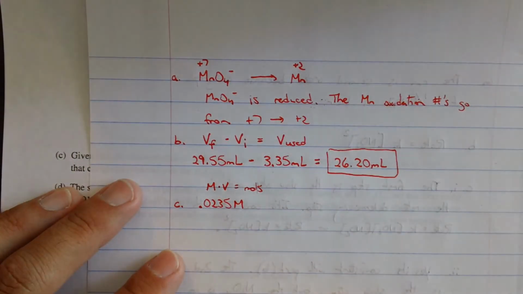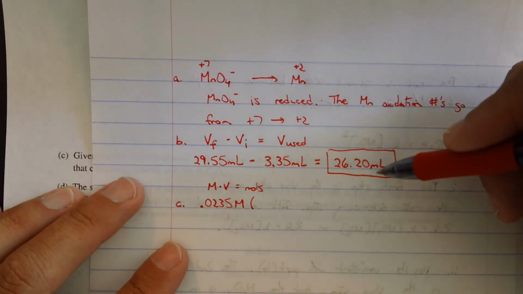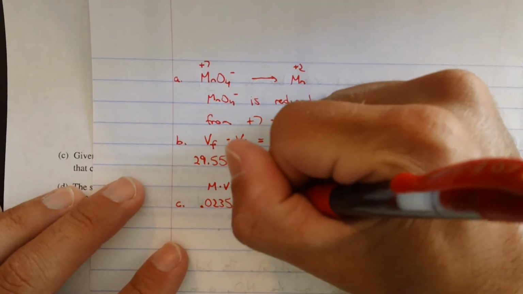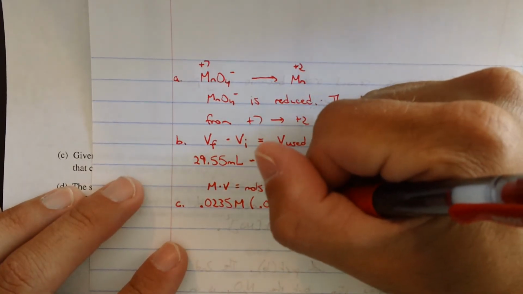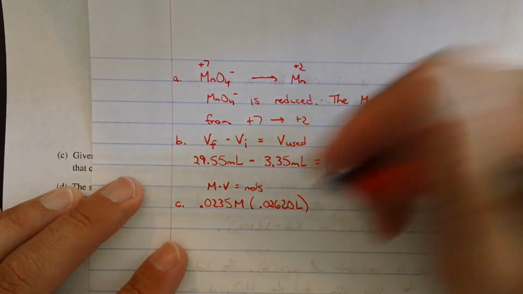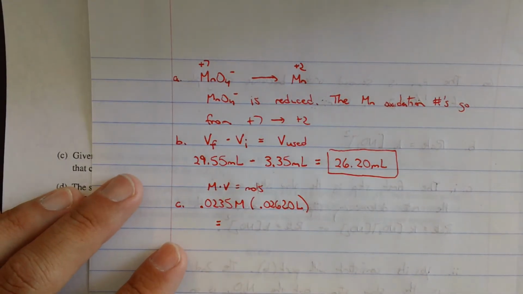There's our generic equation. Molarity times the volume, and the volume has to be in liters here. That's 0.02620 liters.